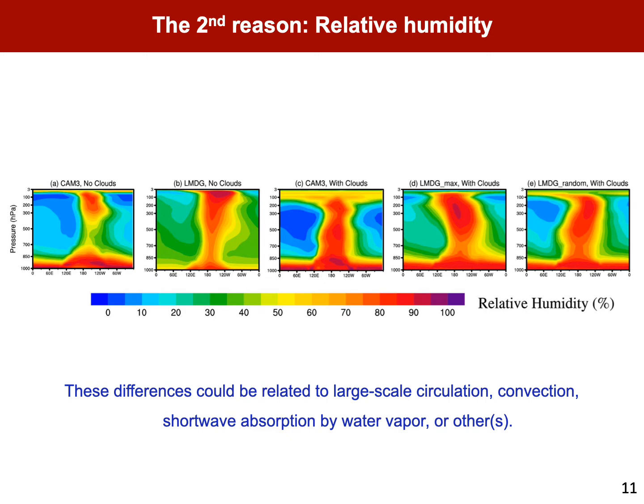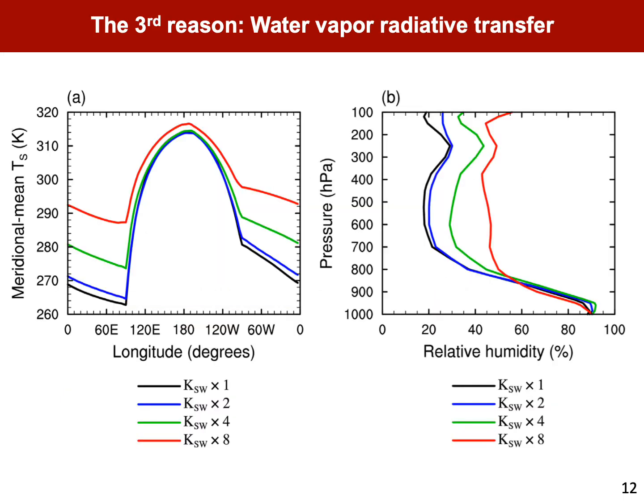In AGCMs, the relative humidity can be related to large-scale circulation, convection, shortwave absorption by water vapor, or other factors. As we have already shown, between the models, the shortwave absorption by water vapor has a large difference.